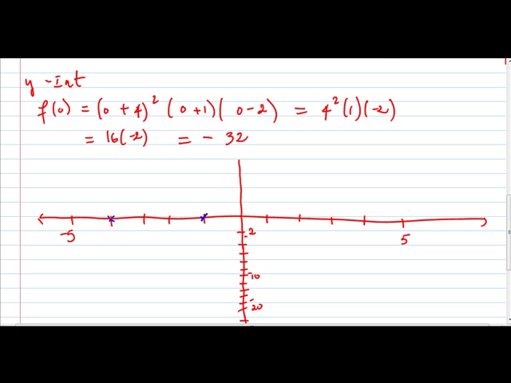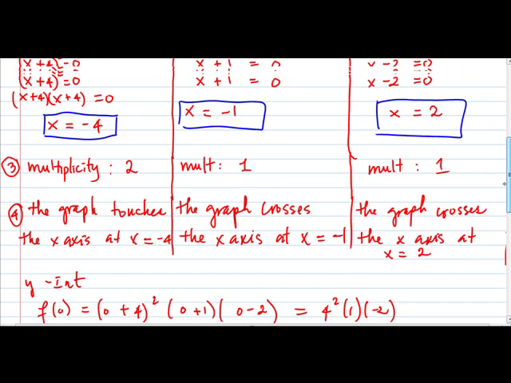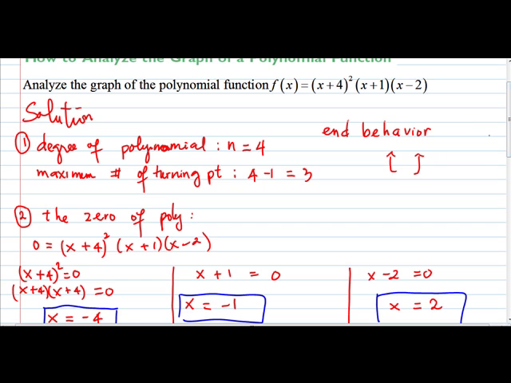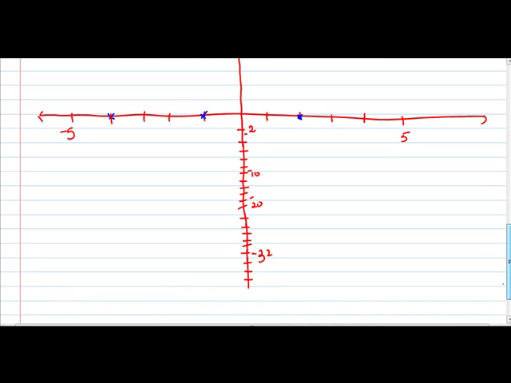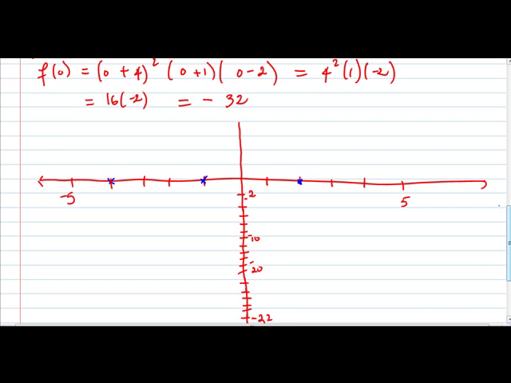So here's minus 1 and here's 2. So these are our x-intercepts. We know that our graph, the end behavior, is open up to open up. So that means at the ends here, our graph goes up like this. Okay, wherever in between we fix it.